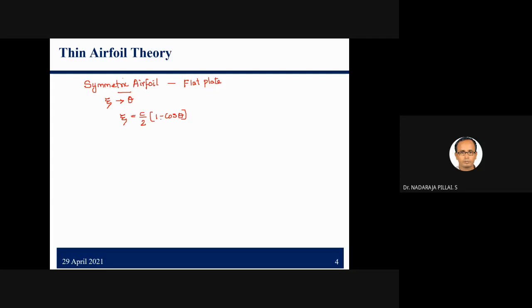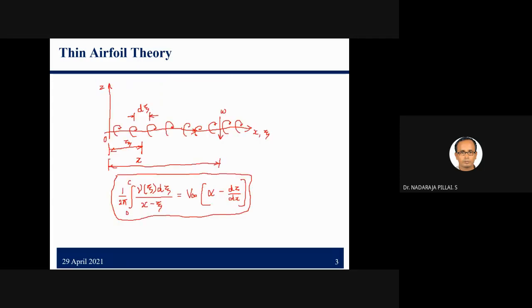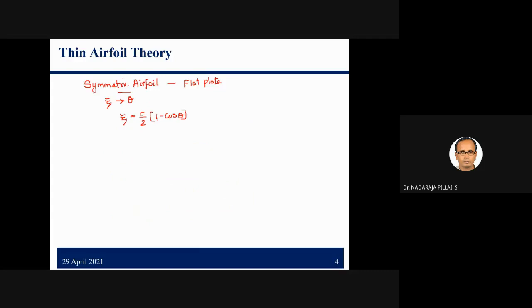Theta varies from 0 to 180. If theta is 0, then the point will be 0, and if it is 180, then it will become c. With that transformation, zeta is c by 2 into 1 minus cos theta.